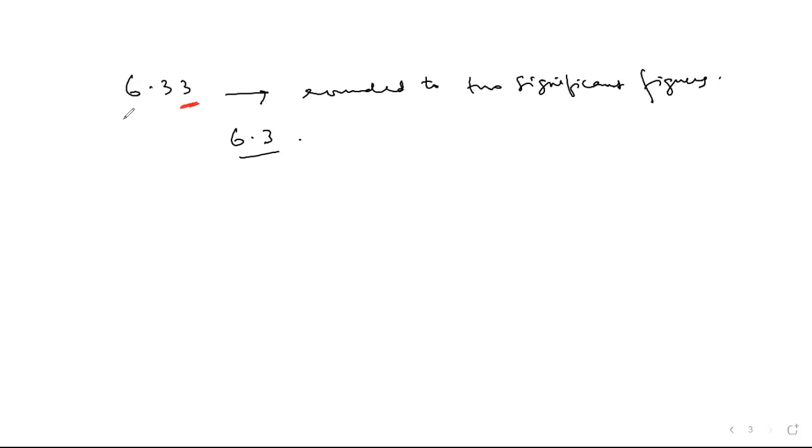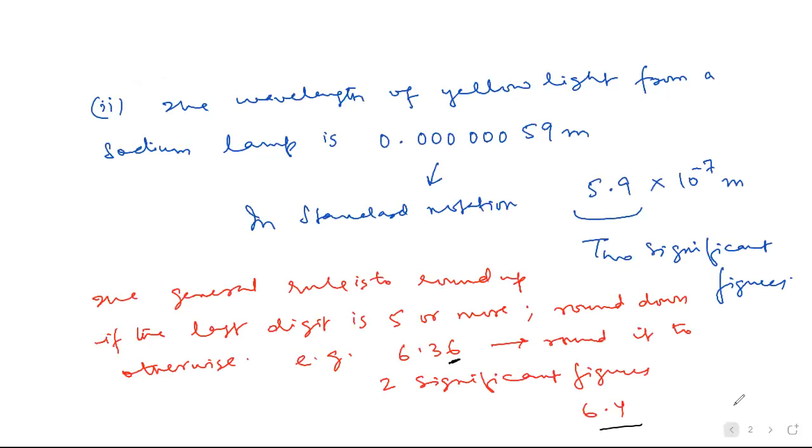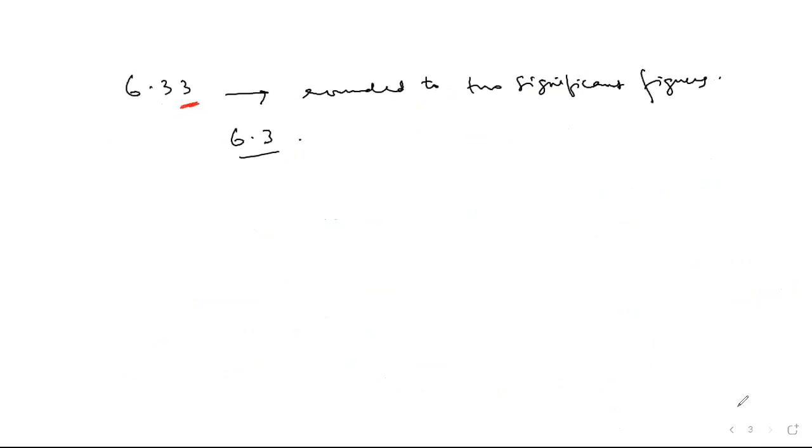That means we throw this 3 away and don't change the preceding digit, right? We only increase the preceding digit by 1, that is round up, when the digit to be dropped is 5 or more. This is how we round these values. These are the rules for rounding.